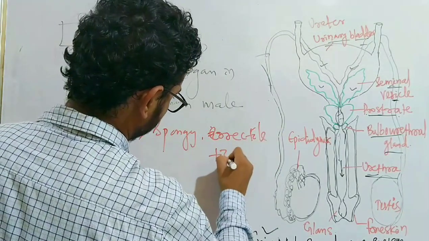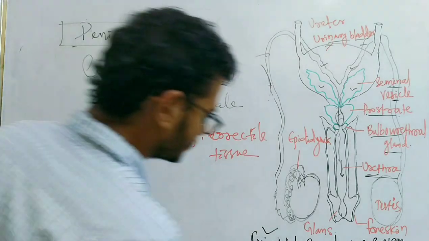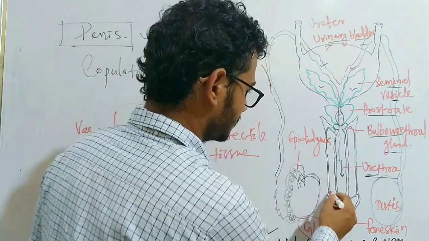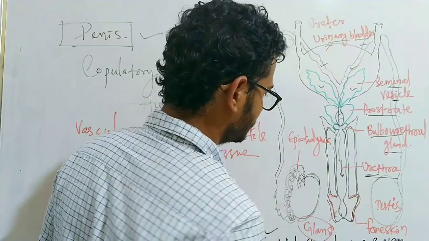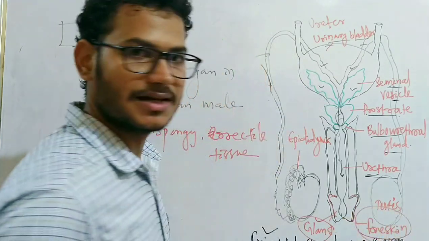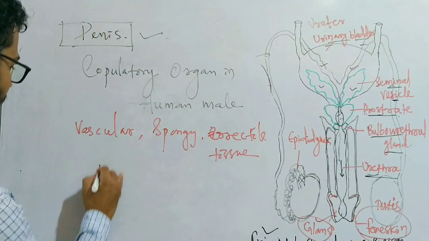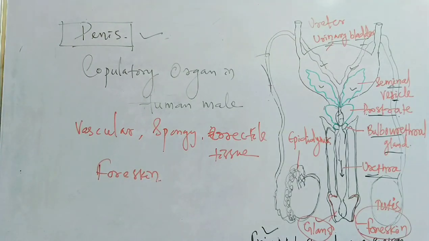The glans penis is the wider part at the tip of the penis, which is covered by a thin layer of skin which we call the foreskin, or the prepuce.